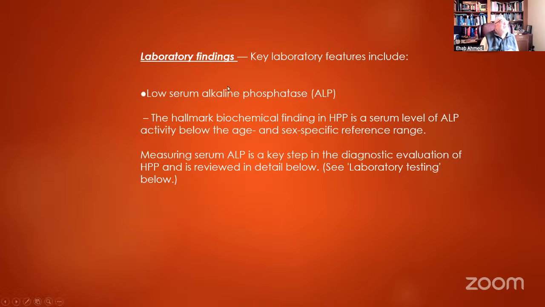Yes, just to review, these are the laboratory findings in hypophosphatasia, which is low alkaline phosphatase. Hallmark is serum level of alkaline phosphatase activity below age. And in the newborn, the range is between 28 and 300, depending on what lab you are using and what units you are using.